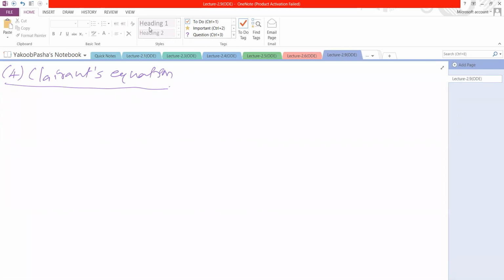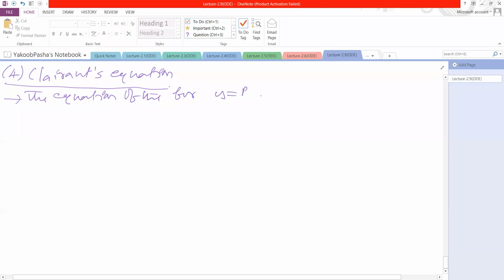Now the equation of the form y is equal to px plus f of p, where p is equal to dy by dx, this equation is called Clairaut's equation.